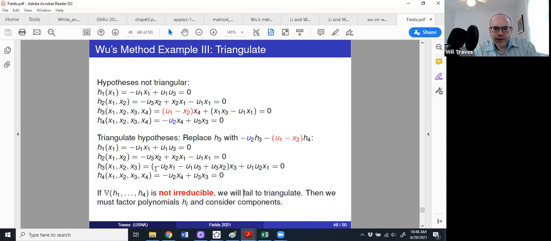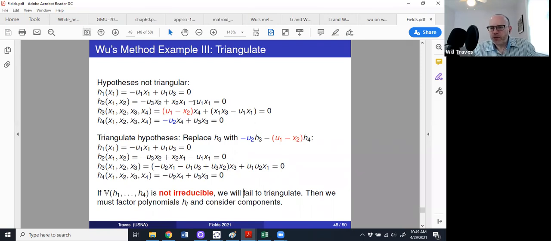And instead, what you might have to do is factor some of these polynomials. So for instance, if you had x4 appearing to the second power here, then you might be in a situation where you're like, oh, I have to substitute for it, I'd have to solve for x4. And that's not so easy. I'd like to try to factor this polynomial, and factoring that polynomial in x4 means factoring over an extension field, say of the reals, by all the other variables.